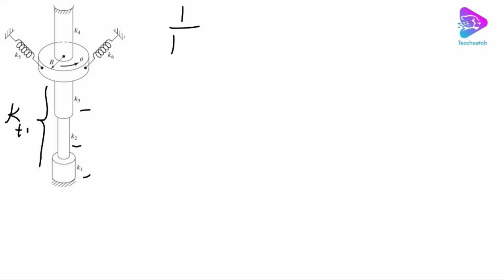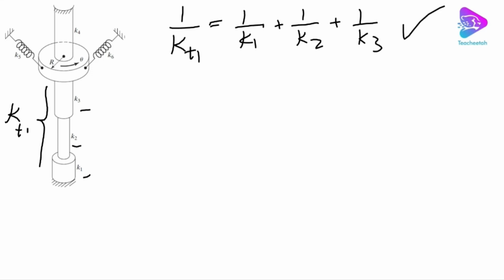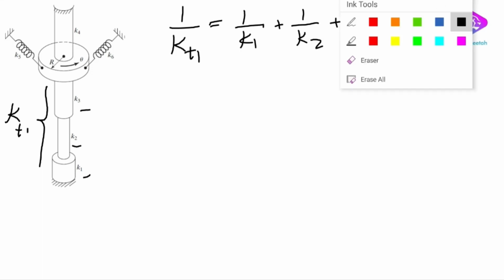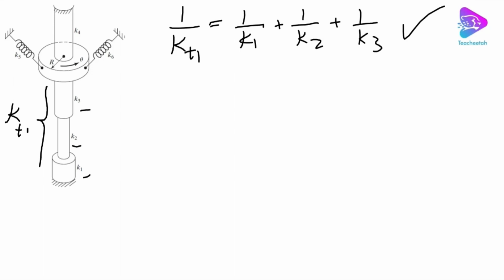We have 1 over KT1 equals 1 over K1 plus 1 over K2 plus 1 over K3. So after the simplification of this, we can find KT1. Now, with these assumptions, let's see how the system looks. So I'm gonna simplify the system to this shape.